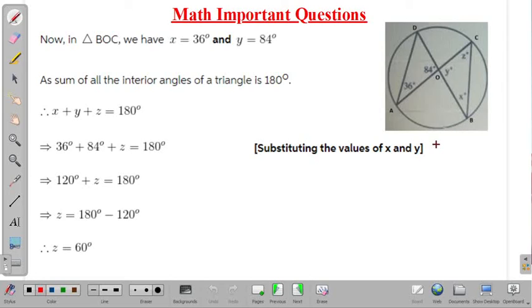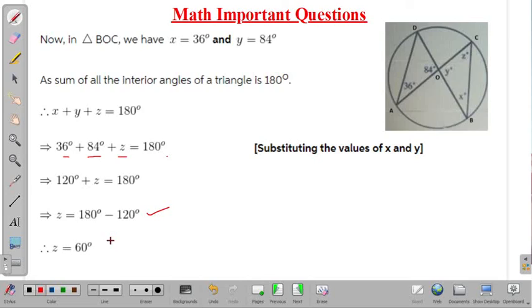Substituting the values of x and y, we get 36 degrees plus 84 degrees plus z equal to 180 degrees. Adding 36 and 84, we get 120 degrees. So 120 degrees plus z equal to 180 degrees. Therefore, z equals 180 degrees minus 120 degrees, that is, subtracting 120 degrees from both sides. Therefore, the value of z will be 60 degrees.